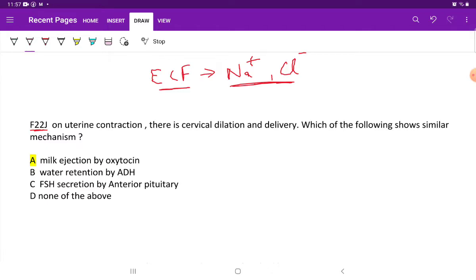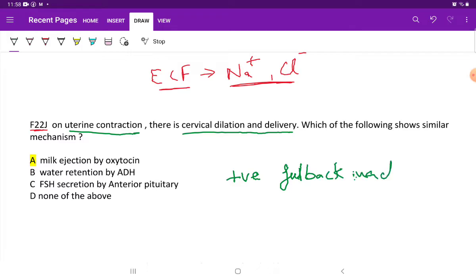What we have to see is cervical dilation and delivery, uterine contraction. The first thing that should come to mind is the positive feedback mechanism, which happens during parturition.